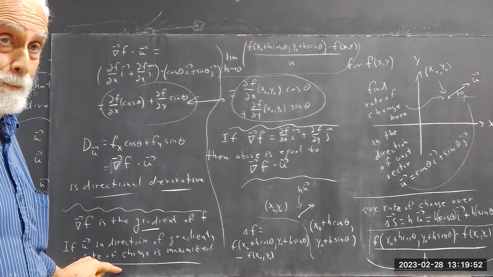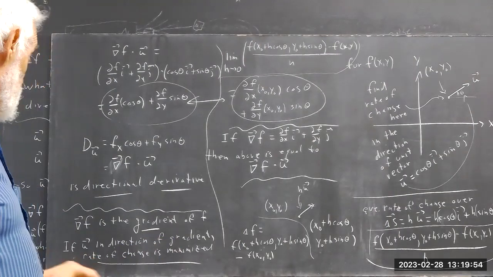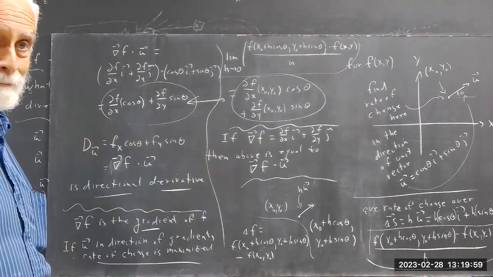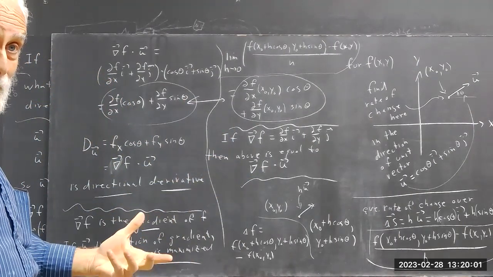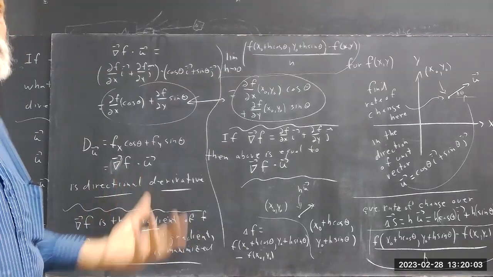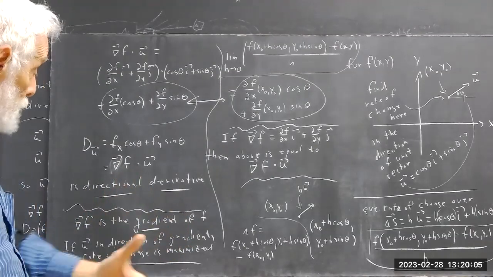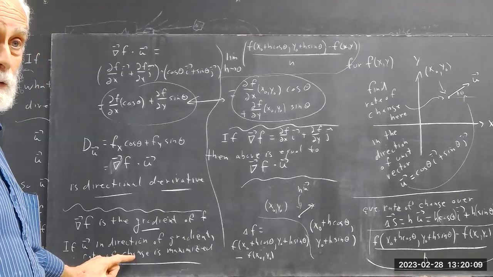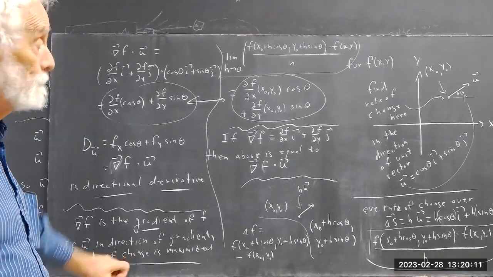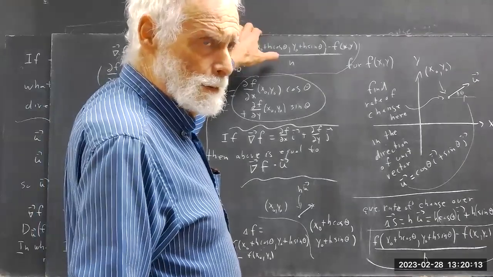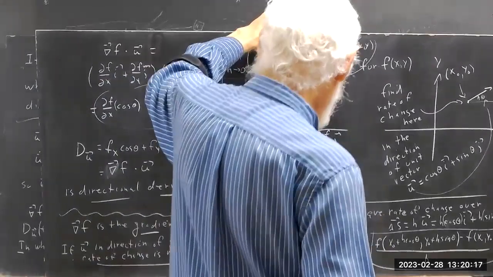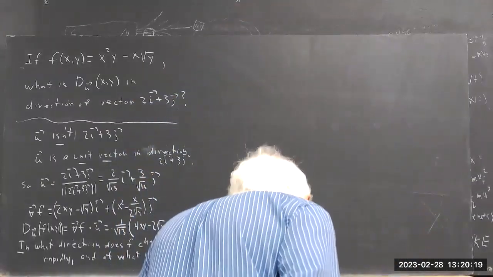So to answer the first part of the question I asked, what direction is the rate of change maximized? Well, the directional derivative is your rate of change. If you want to maximize it, you're going to have to take the gradient and express its direction. Now that's going to get a little complicated, but not completely out of hand.